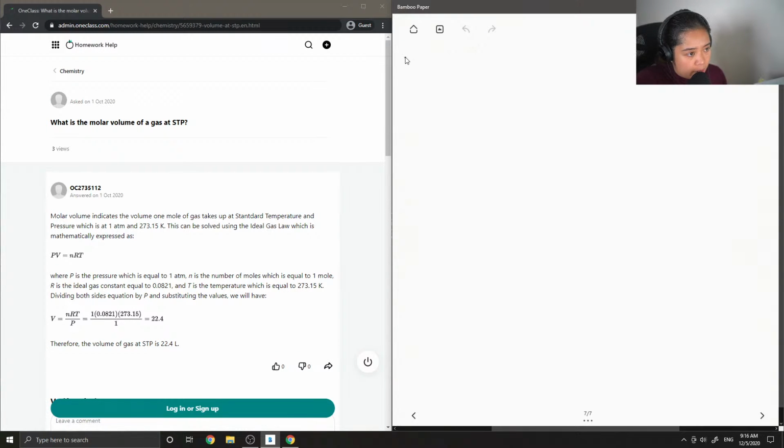Okay, so question 7 just states: what is the molar volume of a gas at standard temperature and pressure? First, let's look at the ideal gas law.